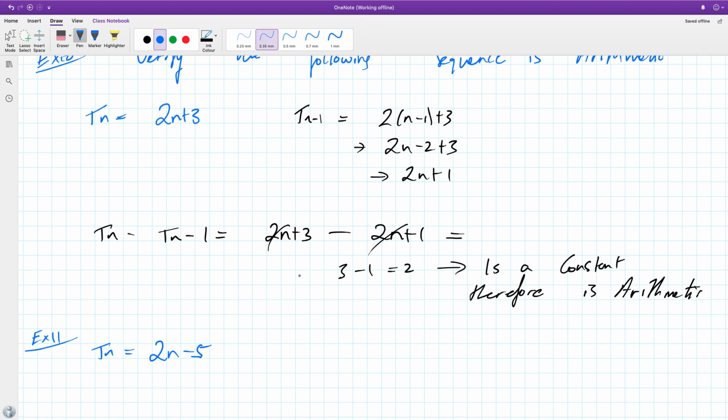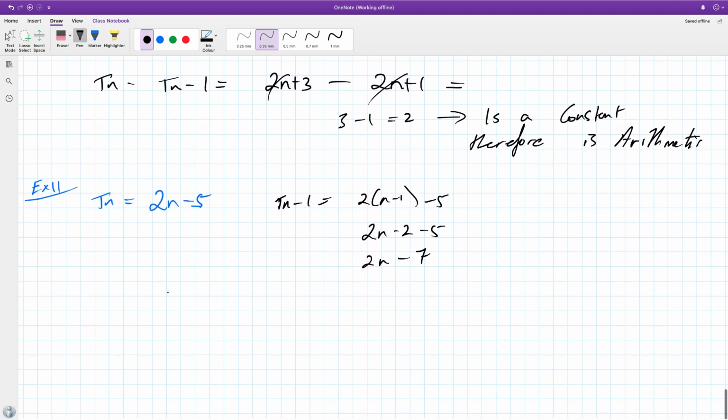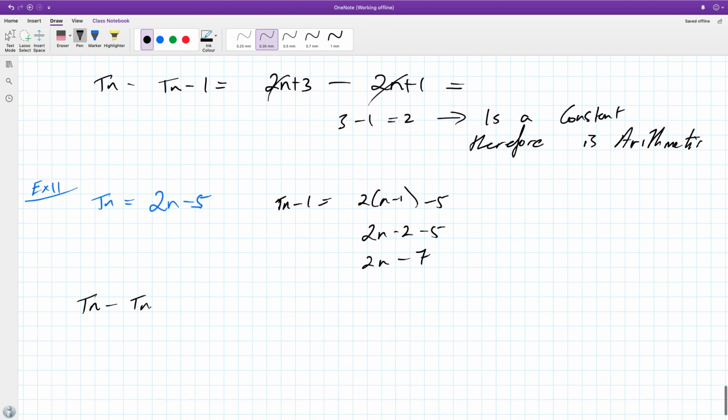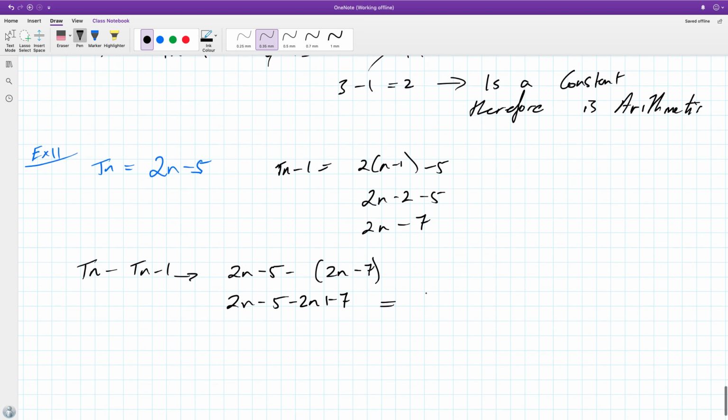Is it arithmetic? So we check Tn minus 1, which is 2 times n minus 1 minus 5, is 2n minus 2 minus 5, is 2n minus 7. That means Tn minus Tn minus 1 is 2n minus 5 minus 2n plus 7, which is equal to 2. And that is your difference. Therefore, arithmetic.